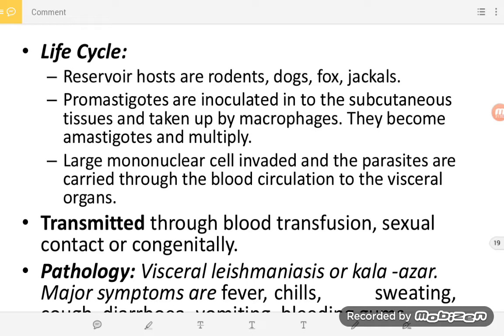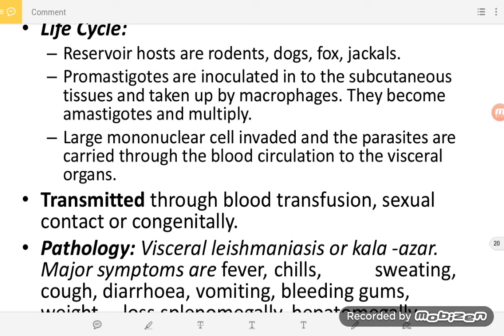The life cycle is actually the same, but there is only a small difference: after taking the amastigote form, in Leishmania donovani it comes to the visceral organs. That is the only difference when we consider the life cycle.